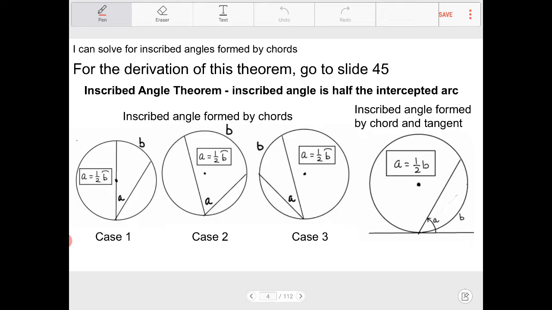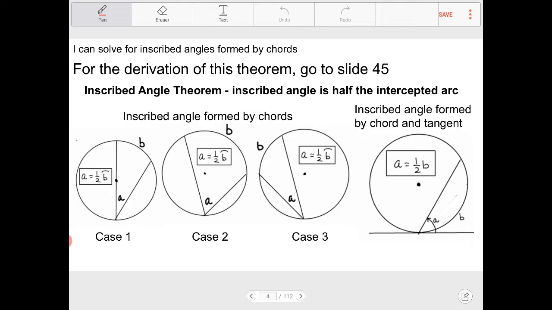An inscribed angle is formed by either two chords or a chord and a tangent. As you can see here, I have three cases where the inscribed angle is formed by chords, and then another case where the inscribed angle is formed by a chord and a tangent. If you notice, all of the formulas are exactly the same.